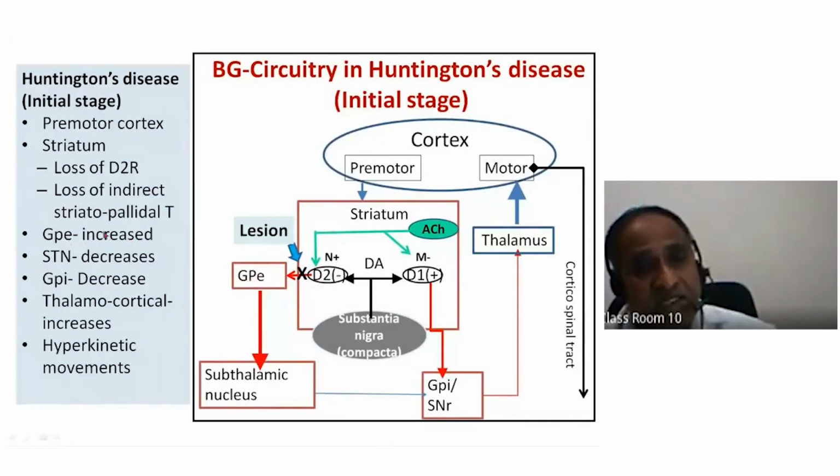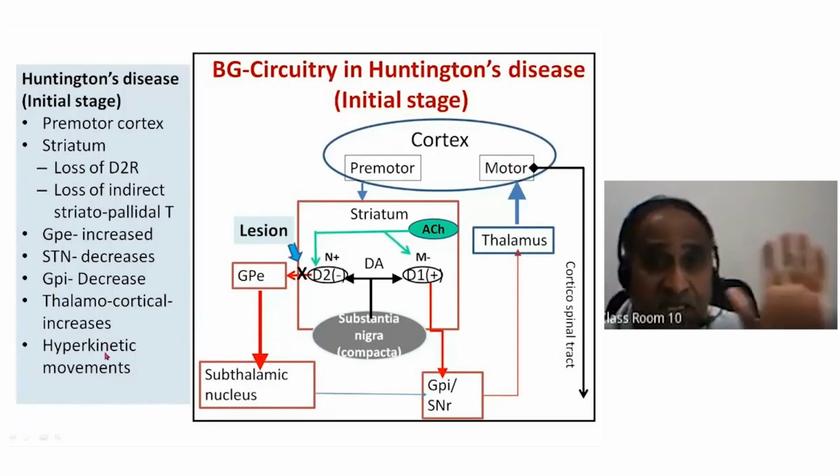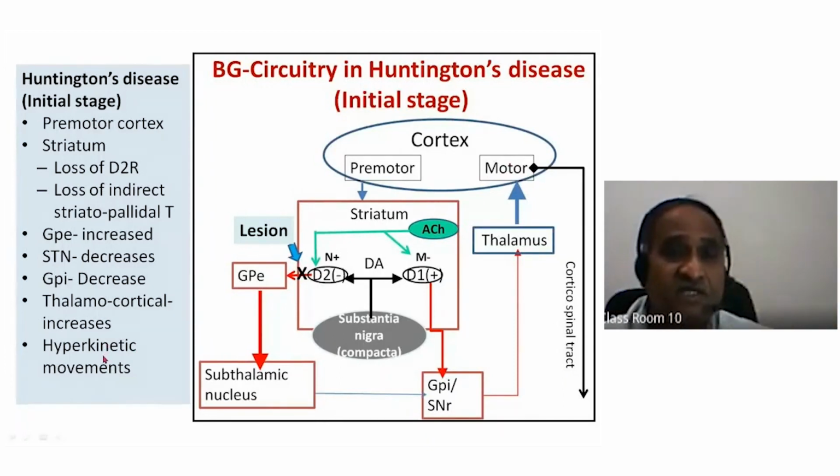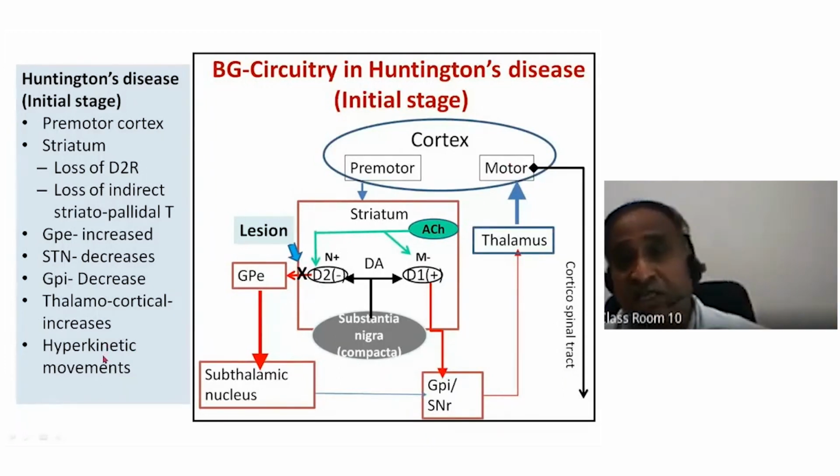Now, what is happening? GPE output is increased, and that decreases the subthalamic nucleus output, and that decreases the GPI output, thus increases the thalamocortical output. So that produces the hyperkinetic motion. That's the beginning of the story. That is the first time he starts demonstrating the signs of Huntington disease.